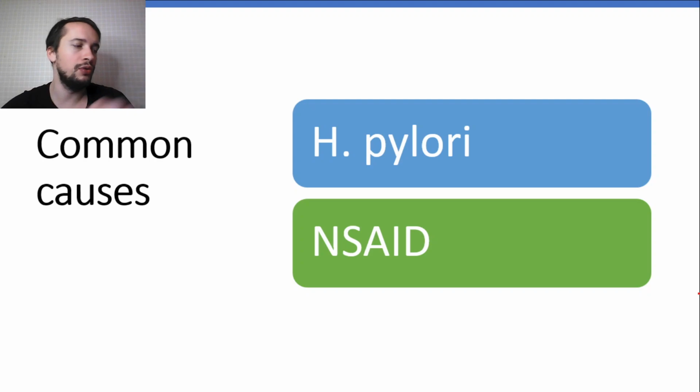Common causes of gastric disease. The two major contributing factors to the development of PUD, peptic ulcer disease, are gastrointestinal infection with Helicobacter pylori and non-steroidal anti-inflammatory drug use. Both factors interact with other risk factors to promote ulcer formation.